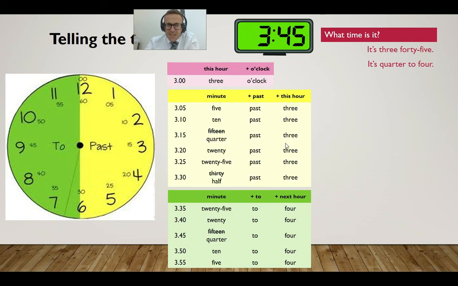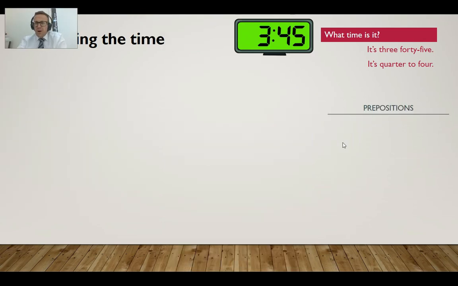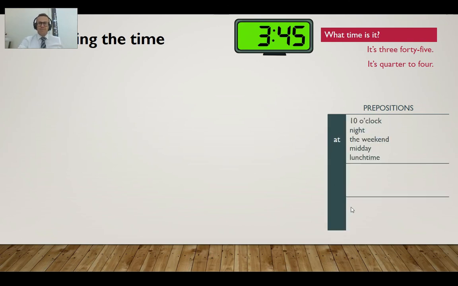So this is how we tell the time. There are some prepositions. Prepositions are small words that go with phrases. At, on, in. At 10 o'clock, at a time, at night, at the weekend, at midday. Midday is 12 o'clock in the middle of the day. At lunchtime.